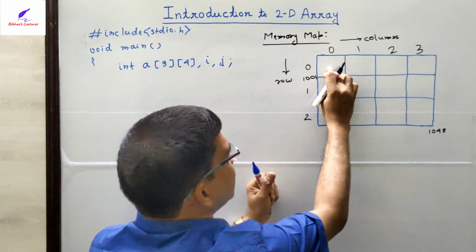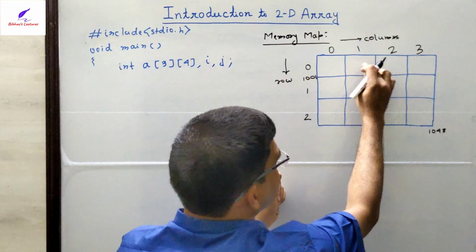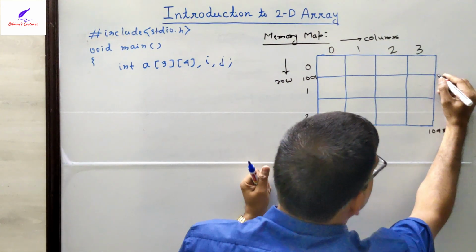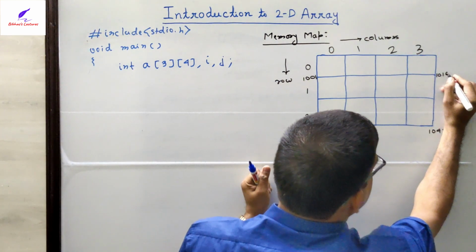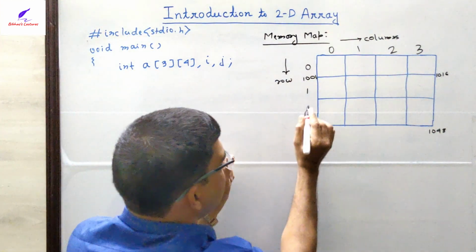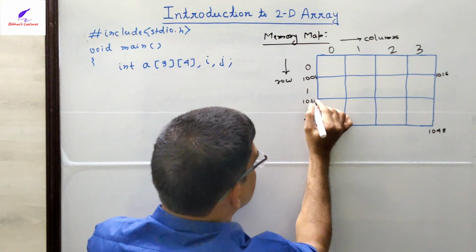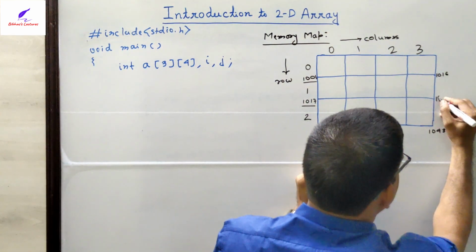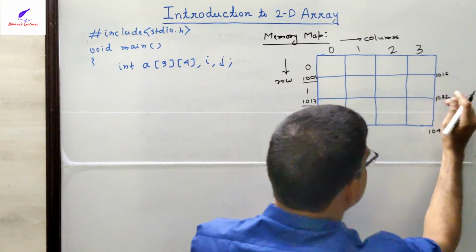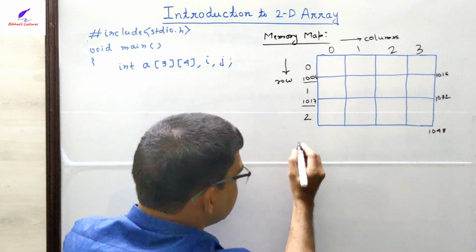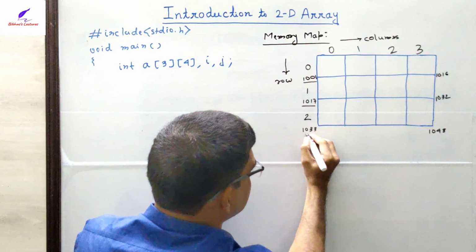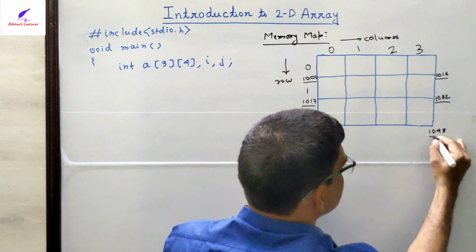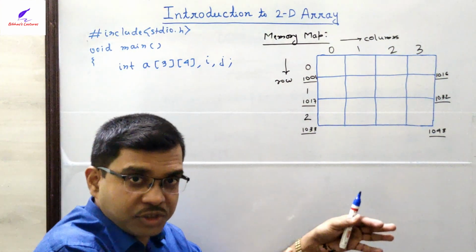The first row contains 4 elements, that means 16 bytes, so 1001 to 1016 will be allocated for the first row. Then the second row will start from 1017 to 1032, the next 16 bytes. And the third row will start from 1033 and last up to 1048, the last 16 bytes.